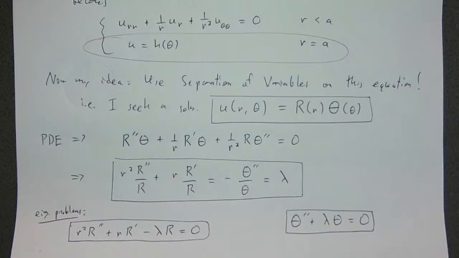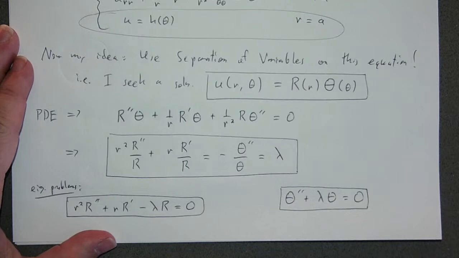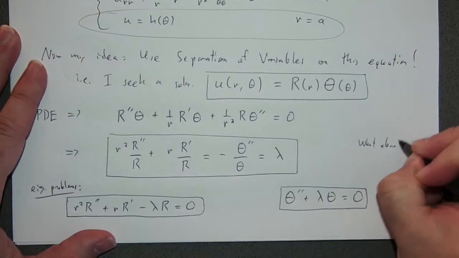But you may be screaming at your computer now because you've noticed, oh wait, this switch to polar coordinates actually carries some boundary conditions into it. These boundary conditions are implicit in this formulation because of how polar coordinates work. So what about the BCs?